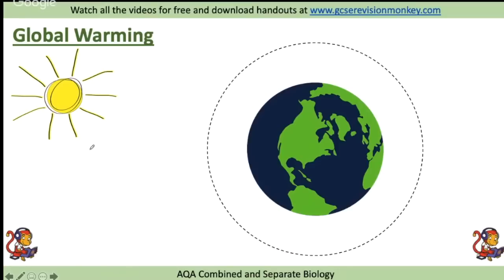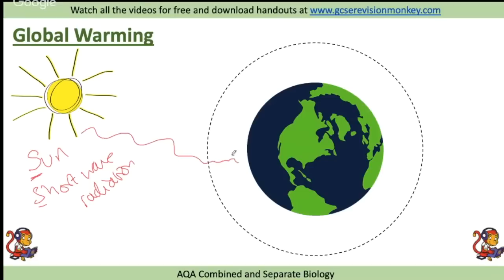In global warming, I want you to remember, from the sun, short wave radiation is released. This comes up in the physics topic as well. Short wave radiation is released. That goes through our blanket of greenhouse gases in our atmosphere, but it is reabsorbed and then re-emitted from objects on the Earth as long wave radiation.